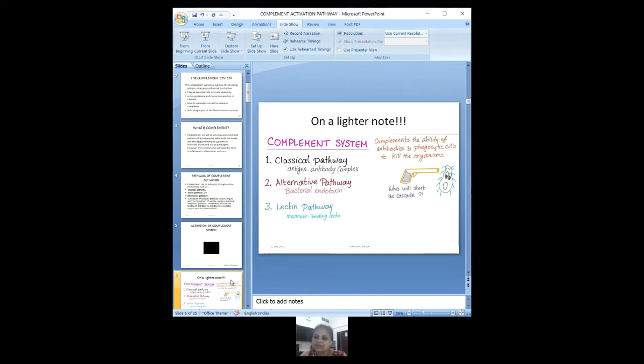The alternative pathway is activated by the recognition of bacterial endotoxin, and the lectin pathway is activated by mannose, which is present in the bacterial cell wall. Binding of lectin to mannose results in activation of this pathway.